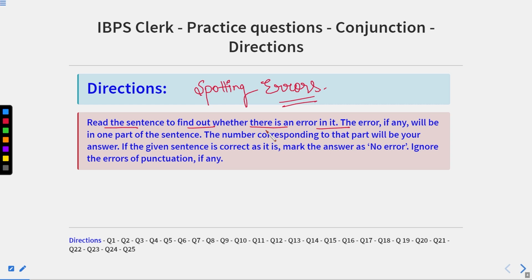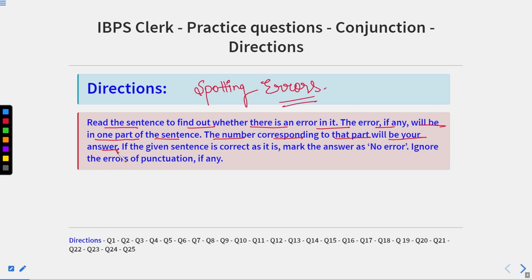Now what we have to do is select that particular part that contains the grammatical error, and the error, if any, will be in one part of the sentence. So this is a privilege that the error will be in one part only. There are not multiple parts that contain errors, only one part may contain the error. The letter corresponding to that part will be your answer.